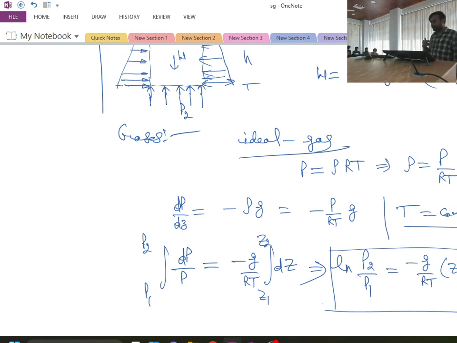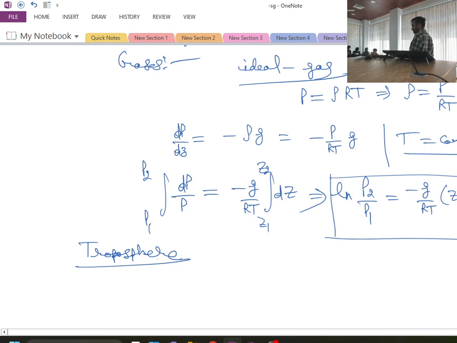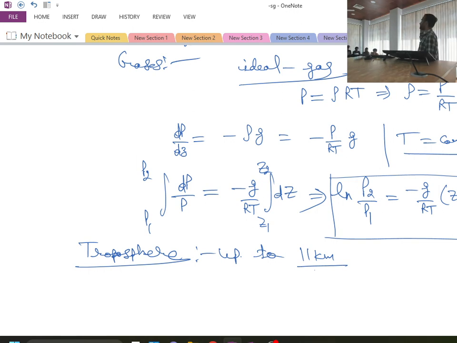But in reality, if we see, particularly in the troposphere, which is nearest to the Earth's surface, which is up to how many kilometers? 11 kilometers. Okay, we experience that temperature varies with elevation in a linear fashion.